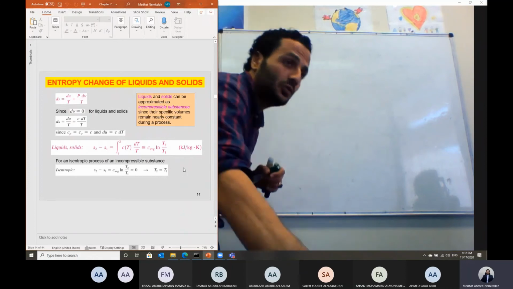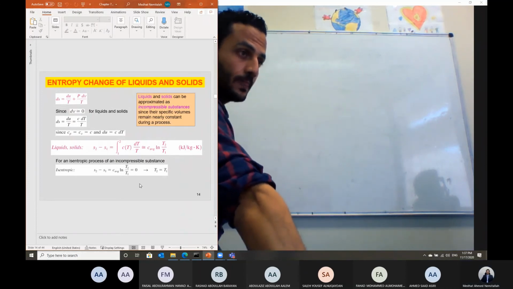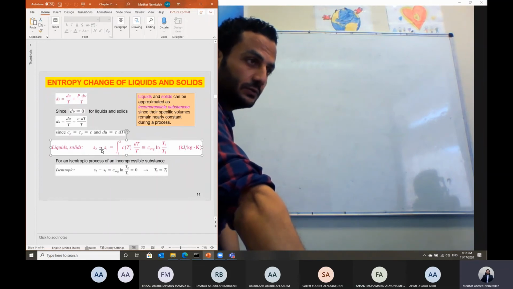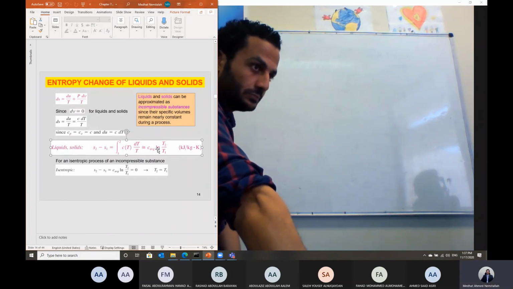But if we have an incompressible substance undergoing an isentropic process, delta S is equal to 0. Based on this equation, delta S is equal to 0 when? Look at this equation. When the temperatures are equal. Exactly.